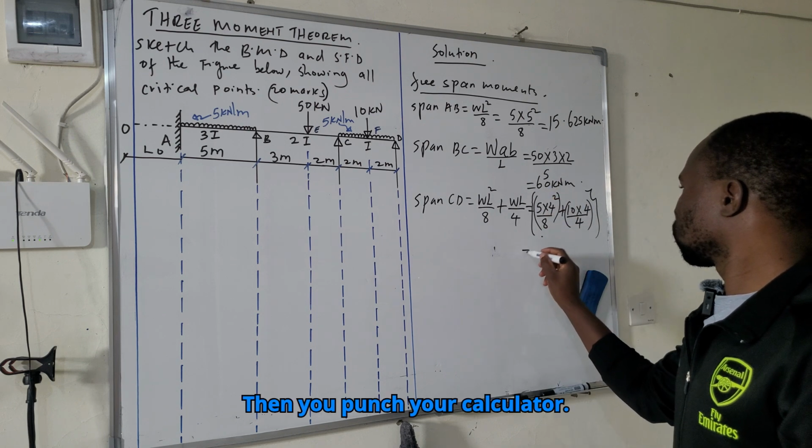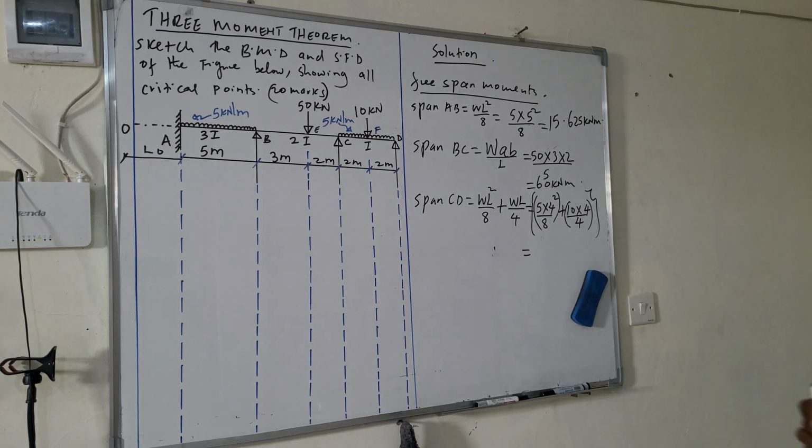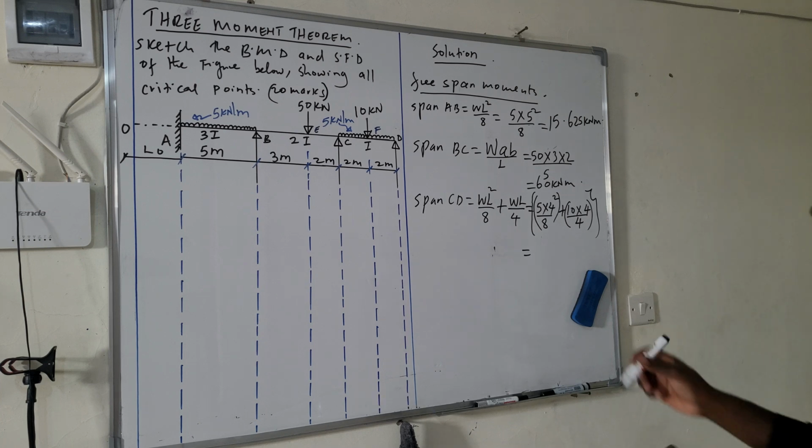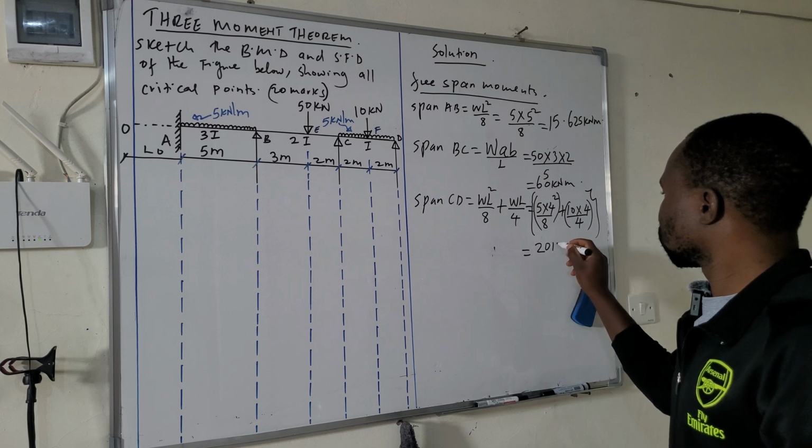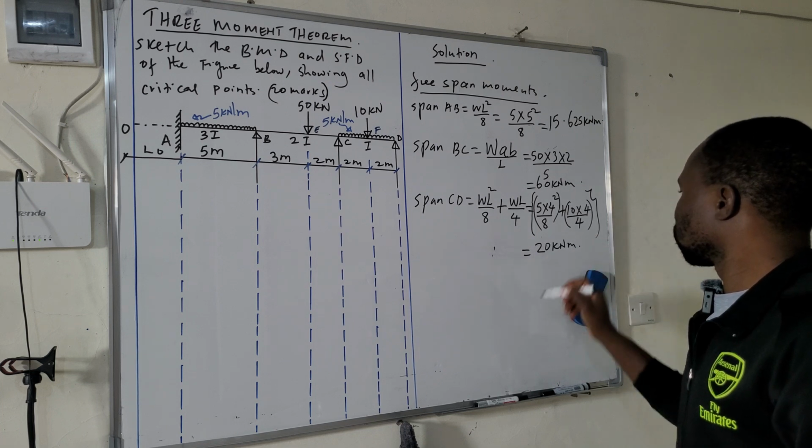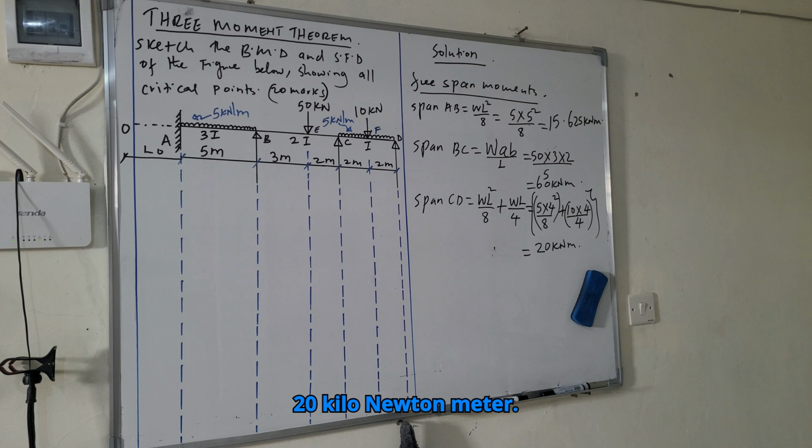Then you punch your calculator. So that is 5 times 4 squared over 8 plus 10 times 4 over 4. That is 20 kilonewton meter.